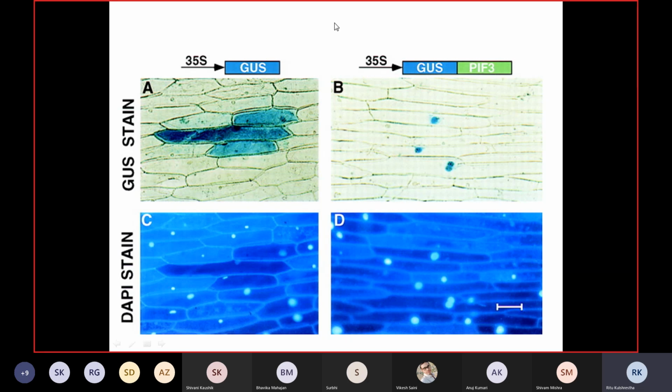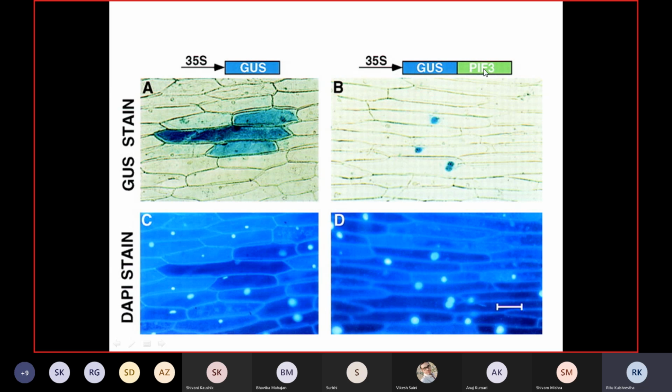So I fuse it with the GUS reporter. I think in your assignment lectures, they must have told you the importance of these fusion genes or fusion tags that are added. One of them is that you can look for the localization of a gene.